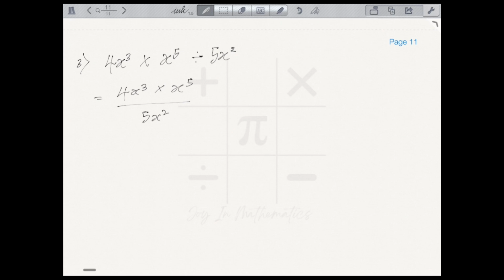Now in this case, we apply the addition law for the numerator, and then the result will be done with the subtraction law together with that of the denominator.